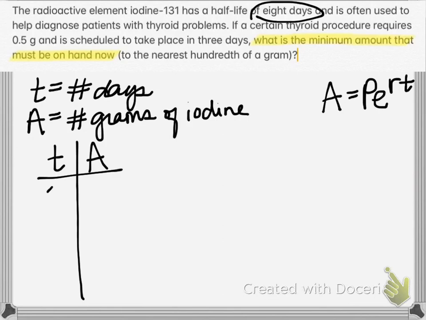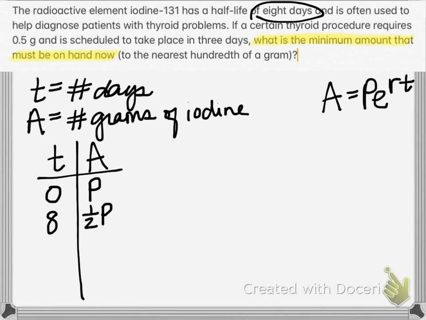So right now, at time 0, we don't know the initial amount. So I'm going to leave that generally written as P. It's an unknown amount. But after 8 days, we're going to have half of that unknown amount. So I'm just going to write that generally as 1/2 P. So no matter what P value we had initially, after 8 days, we're going to have half of that P amount.